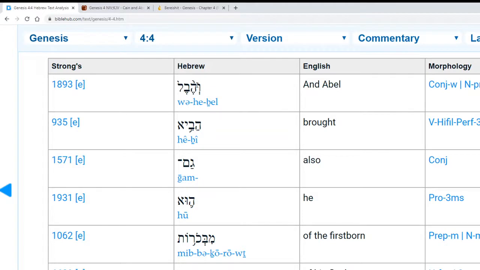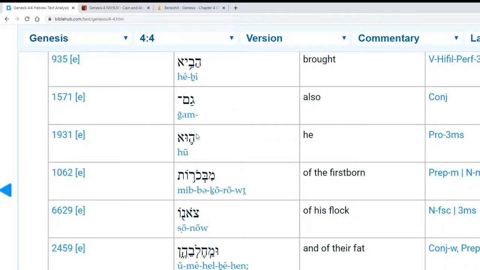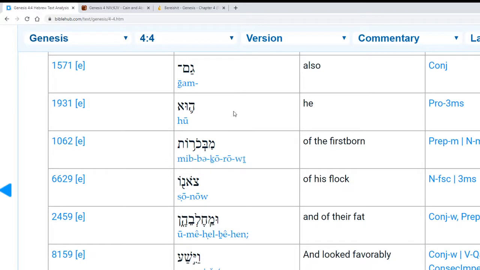So the conjunctive vav, the name Hevel, hevi, like we had before, to bring, right? This is in the hifil form, and the root is bet aleph hey, and the hey has decided it doesn't want to show up. Gam also, hu, right, means he. It's the pronoun he.